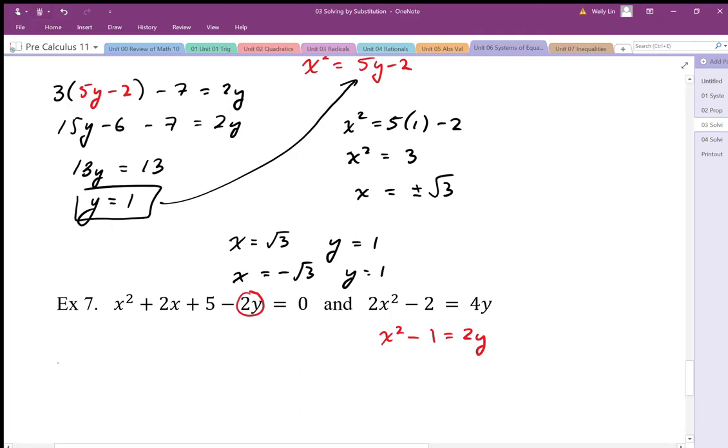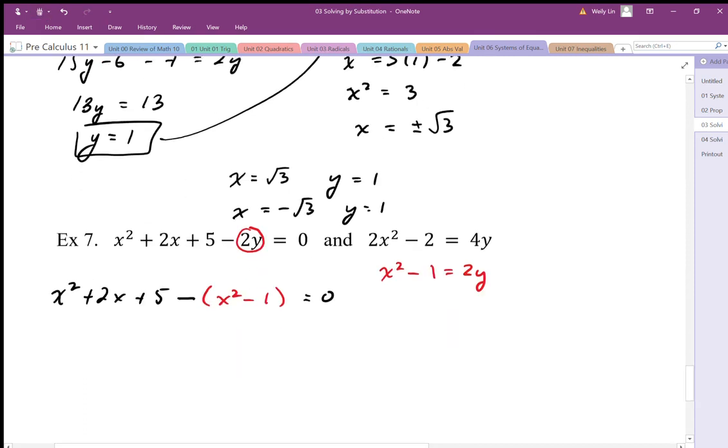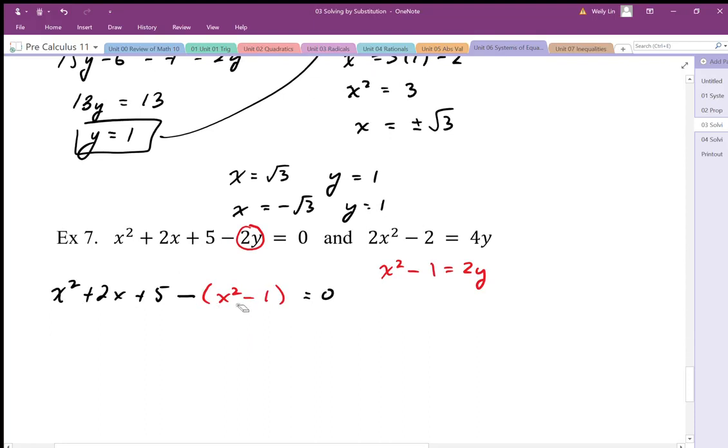So I end up with x squared plus 2x plus 5 minus, the 2y is replaced with x squared minus 1. And that's going to be equal to 0. Okay, so now I end up with a quadratic equation with only x's.